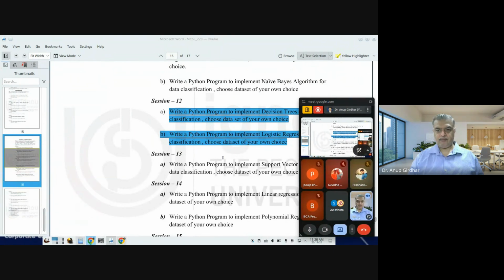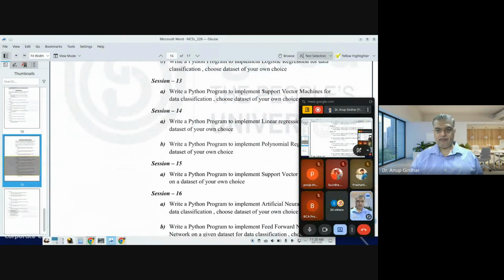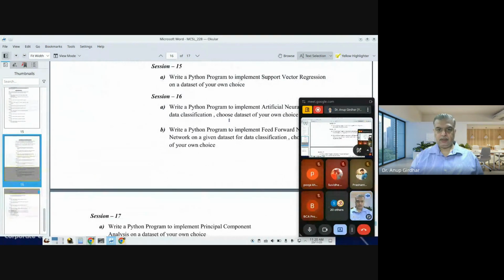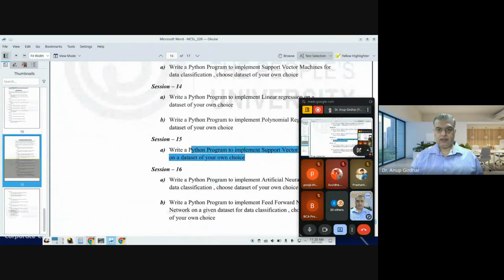Further, we have to go through this SVM, again a very, very important algorithm called SVM. And then we have multiple regressions: support vector, a data set of your choice, implement support vector for data classification.